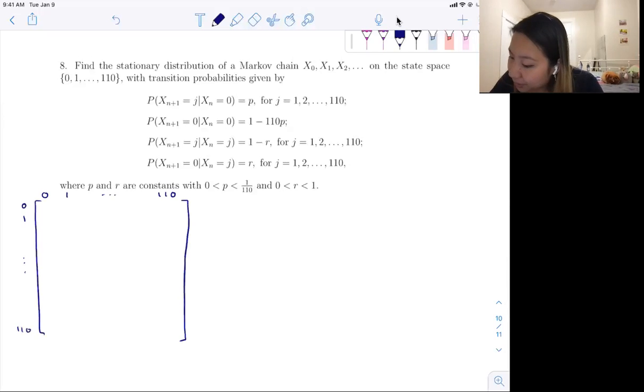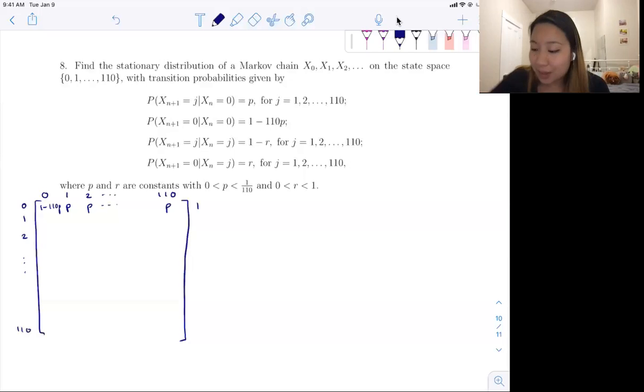Going from 0 to any j that's not equal to 0, that's just going to be P. So we have P, P, ..., P, and then this one is going to be 1 minus 110P. That makes sense because the row has to sum to 1 anyway. So we have that first normalization just to sum to 1.